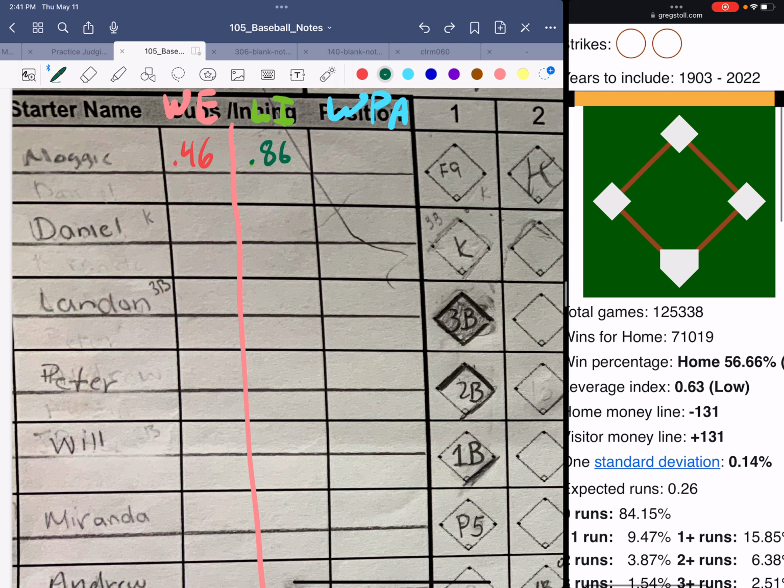It looks like now the home team's win percentage went up to 57%, which if you do a little math, 100 minus 57 is 43% or 0.43. So the win probability added is going to be 0.43 minus 0.46, which equals negative 0.03.